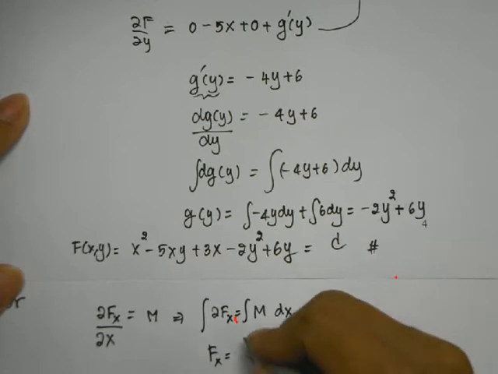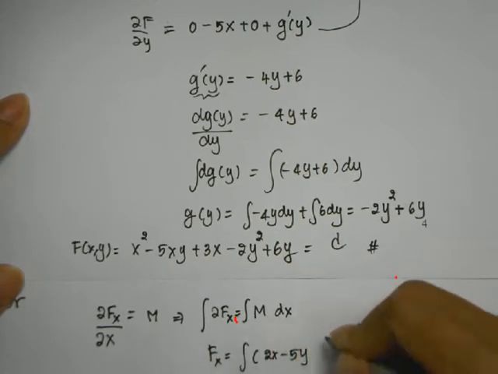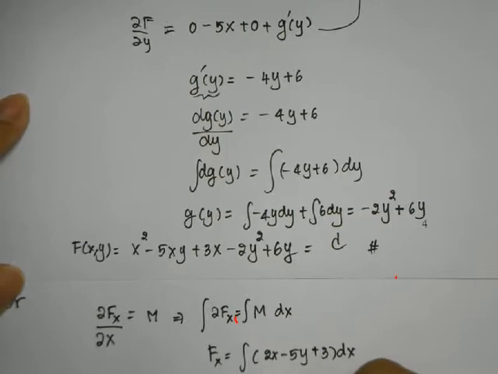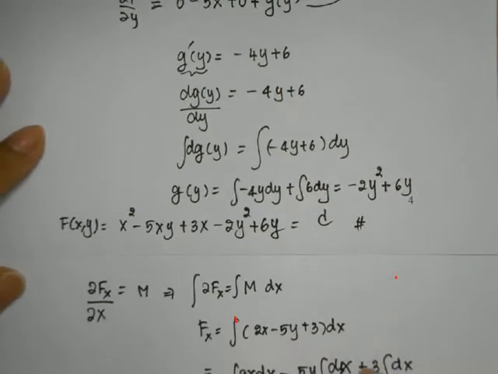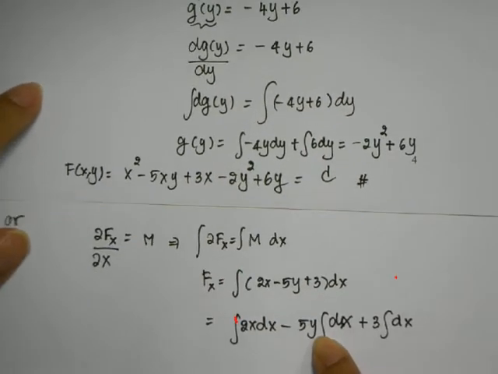Our M is equal to 2x minus 5y plus 3. Again, because we do integral with respect to x, y we will get it as a constant. That's why I can take y out of the integral sign.